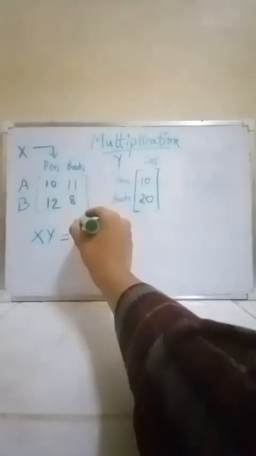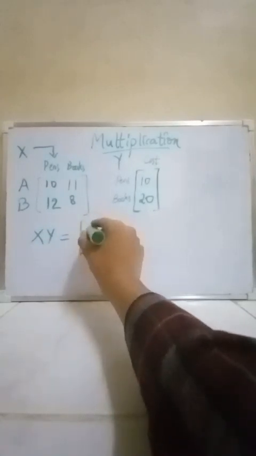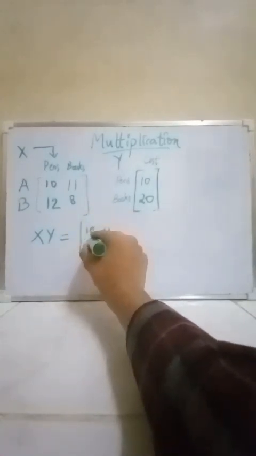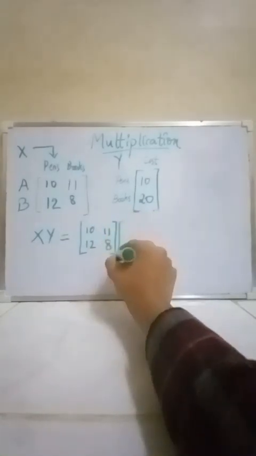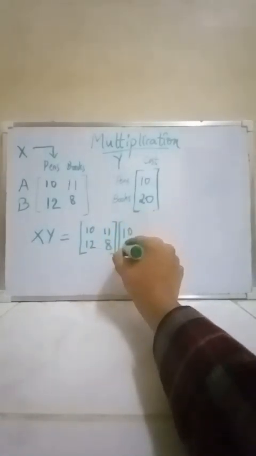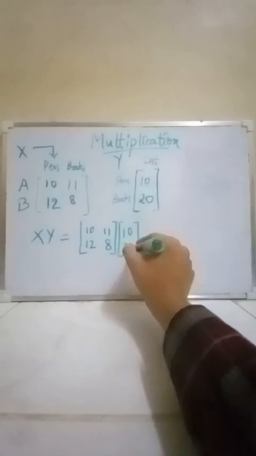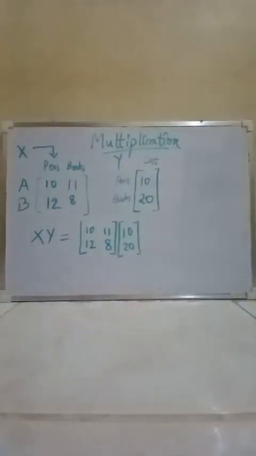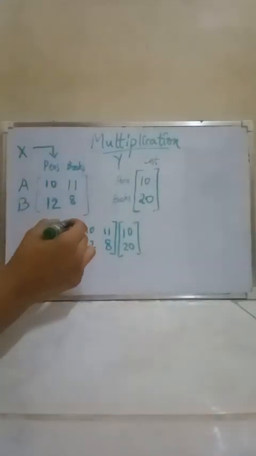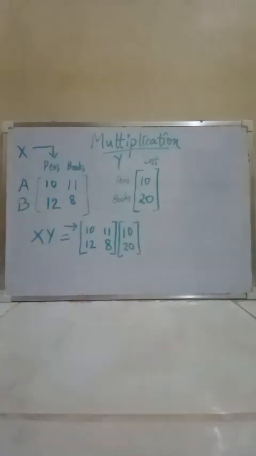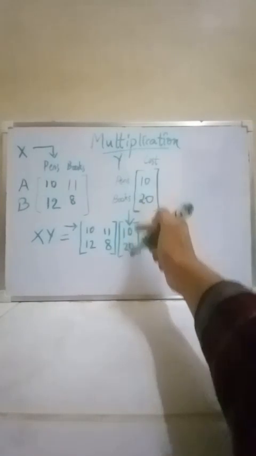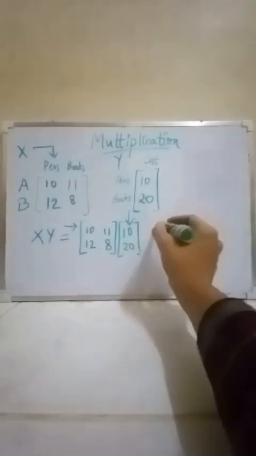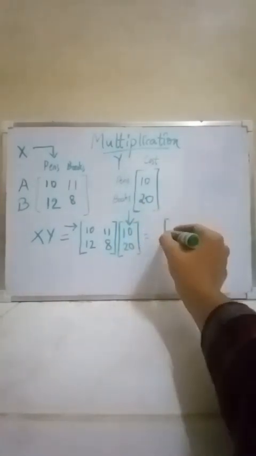For that we have to do the multiplication of the matrices. So write down the first matrix: 10, 11, 12, 8. Now write down the second matrix: 10 and 20. For multiplication, you multiply the first row of the first matrix with the first column of the second matrix to get the first element.